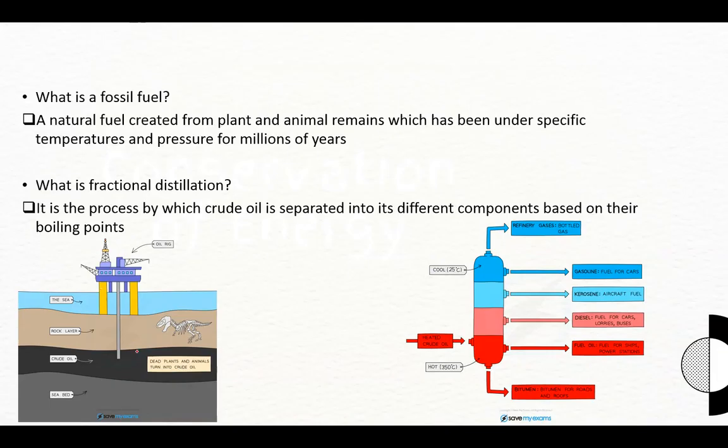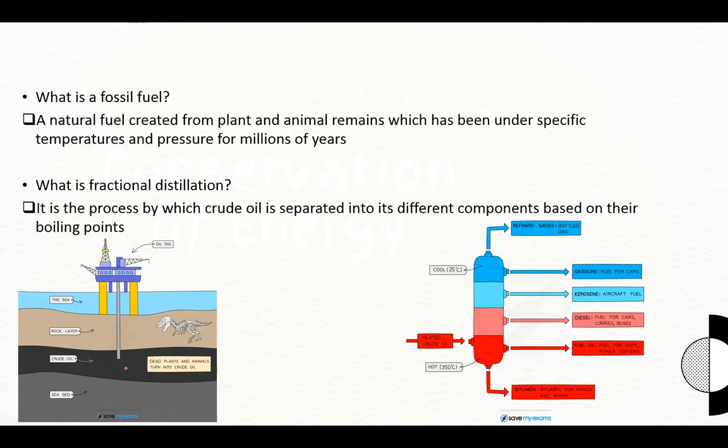So you're seeing in this diagram here the many layers. So you have the sea where the water is, you have the rock bed, and under that you have the crude oil. So here is where the oil is, and this is the oil rig. So with all of these oil companies like Exxon, etc., what they are doing is digging, and they get this oil, which is very useful.